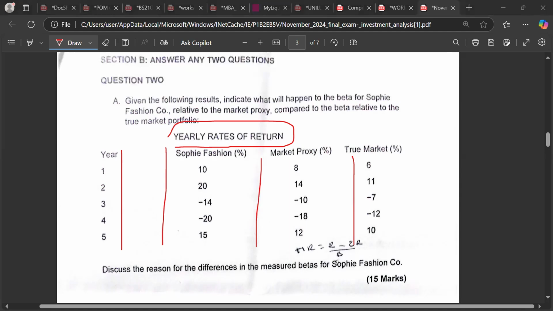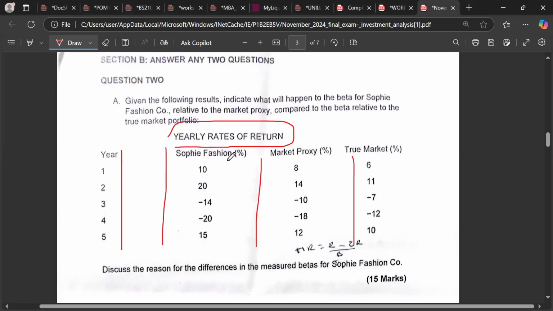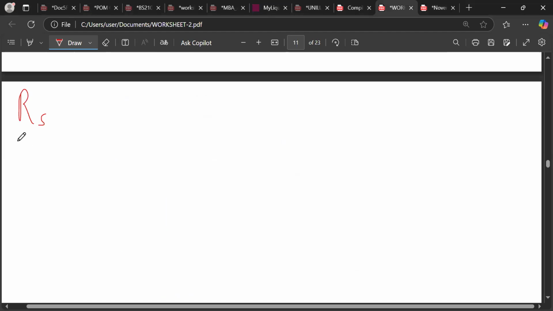So how do we handle such a question? To explain such a question, with the data already tabulated for us, we use the following notations. RS denotes the returns for Sophie. RM will be the market proxy returns.